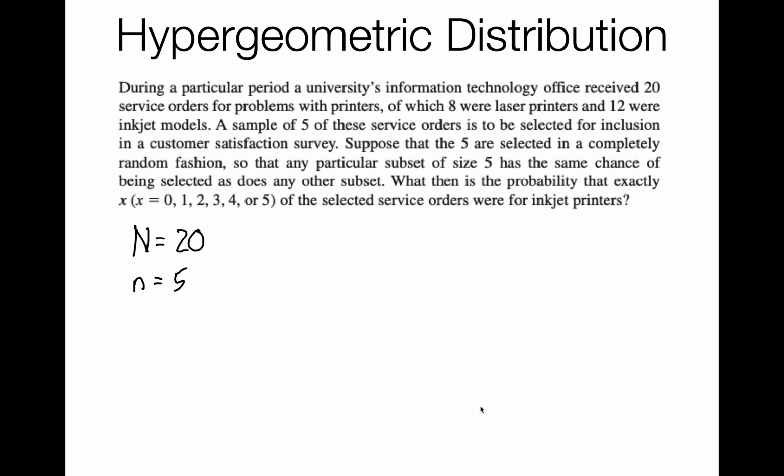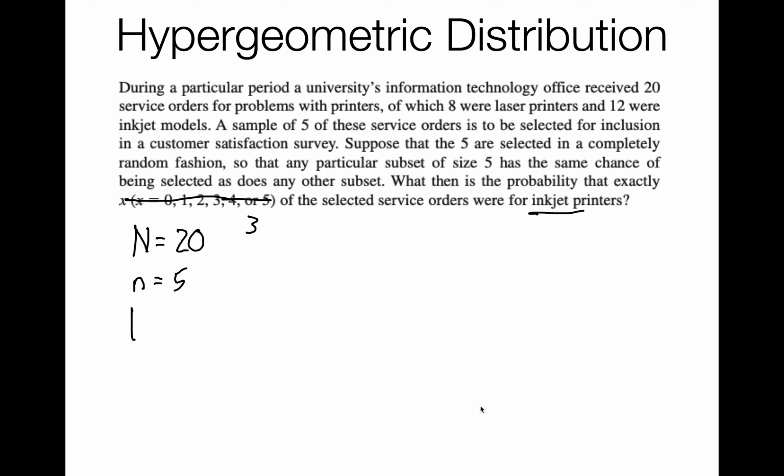So let's say instead of all of these, we'll just say that 3 of those were for inkjet printers, right? And so we're specifically interested in inkjet, and the reason why I haven't written down M yet is I needed to know what was a success and what was a failure. And so here a success is inkjet, a failure is laser.